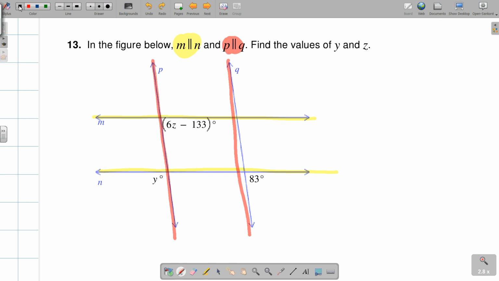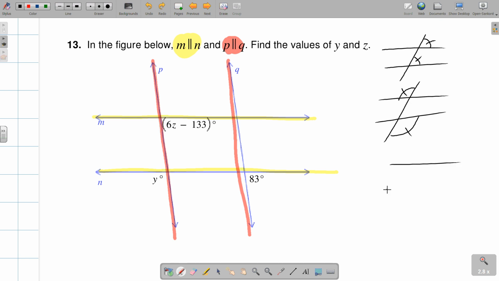So once again, you are looking for the congruent angles, and the angles that are congruent are corresponding angles. Also, alternate exterior when the lines are parallel, and alternate interior when the lines are parallel. So you only have one number here. We're going to start with that 83.